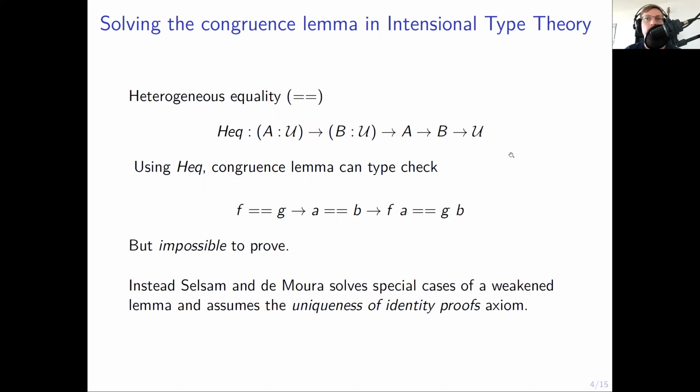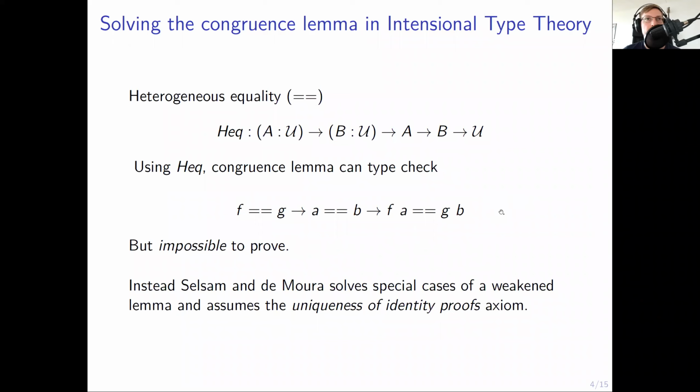However, it turns out to be impossible to prove. What they do instead is, on a meta level, generate special case lemmas every time they need this lemma, and they do that for explicit functions. To prove these special case lemmas, they use this axiom again.